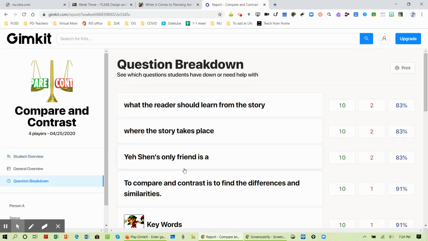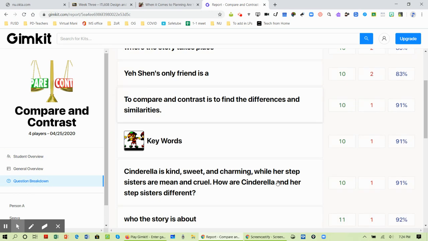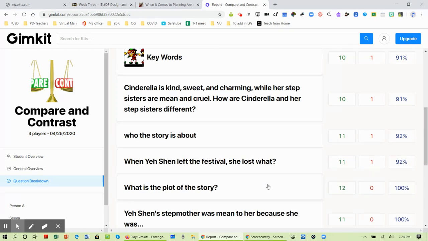So depending on the type of question, if it is a higher order thinking question and the students are struggling, then we can look at the scores and see which students got it and which students didn't. This is a formative assessment, so you can use this score to decide how to proceed further and how to give them intervention or reteach, or if they have gotten it, what the next step is.